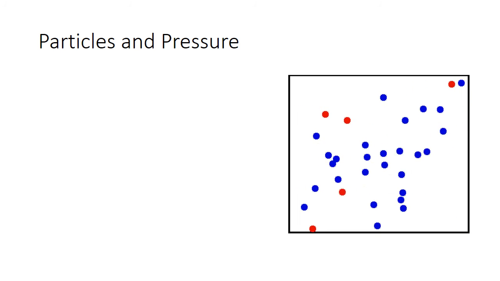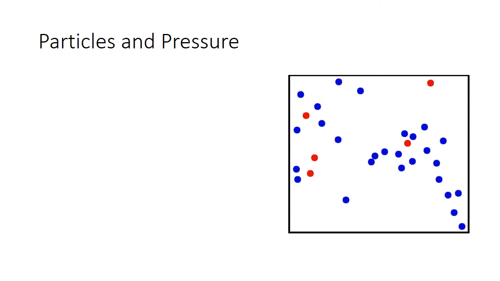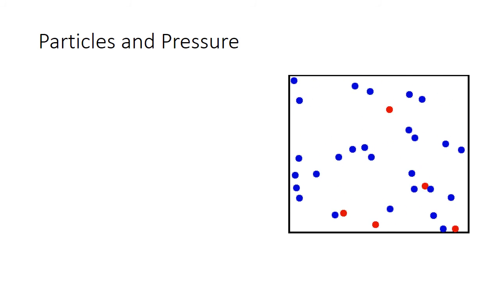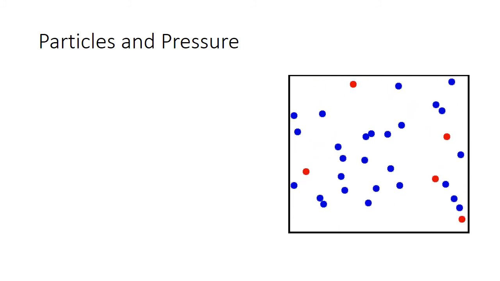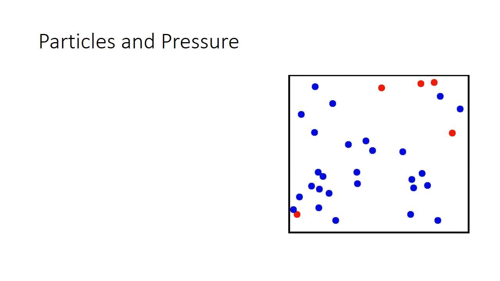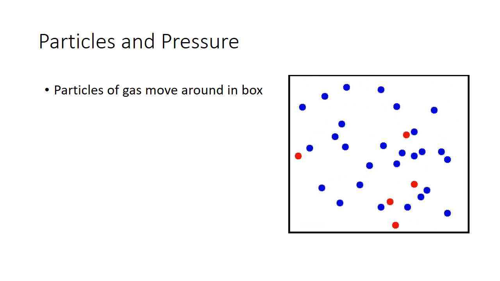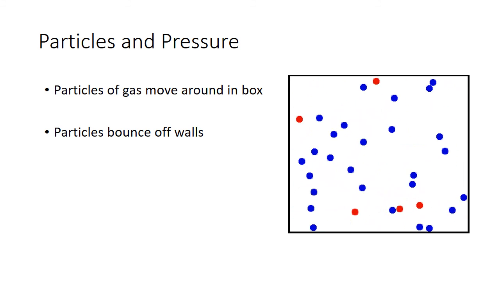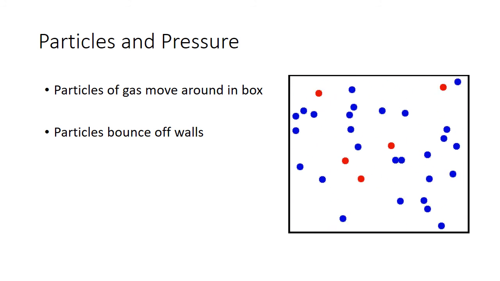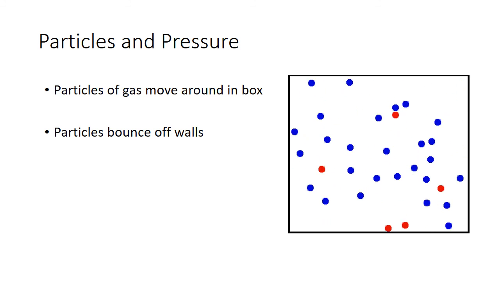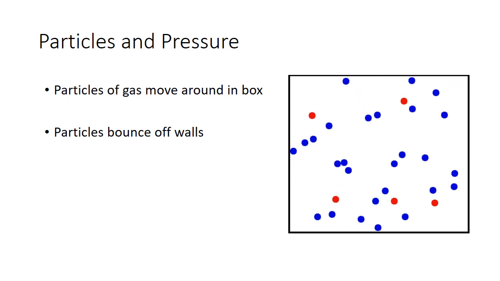Why do air and liquids have pressure? The answer is to do with particles. Here we see a box full of gas or liquid particles. Particles of gas move around in the box. The particles bounce off the walls all the time inside the box.